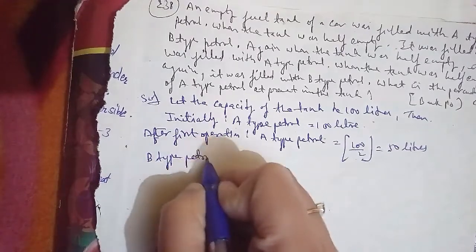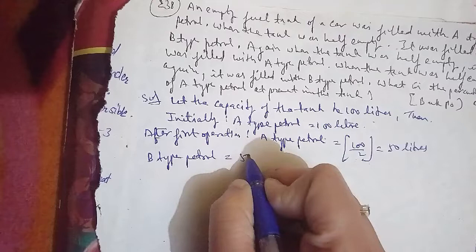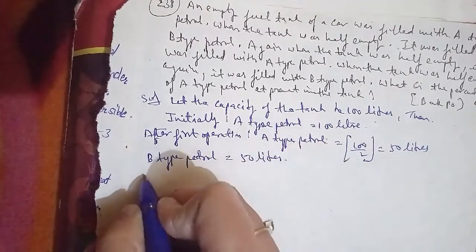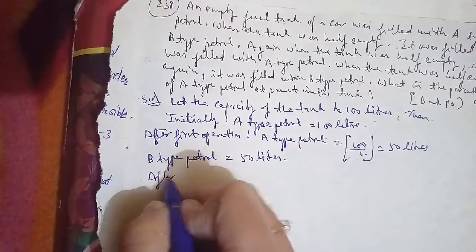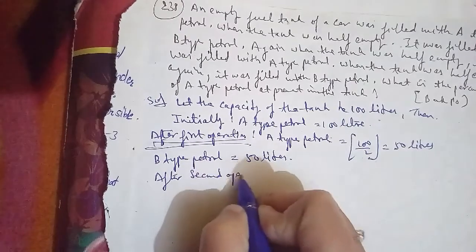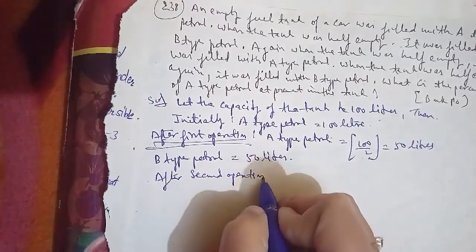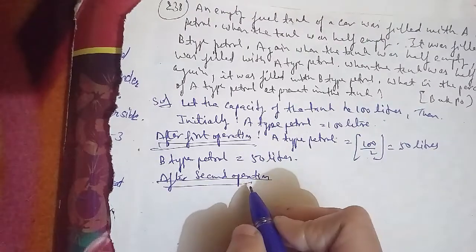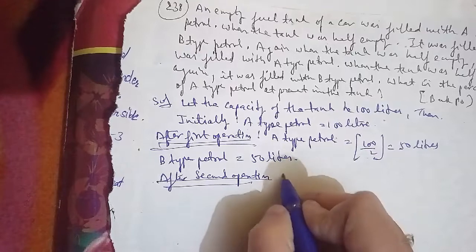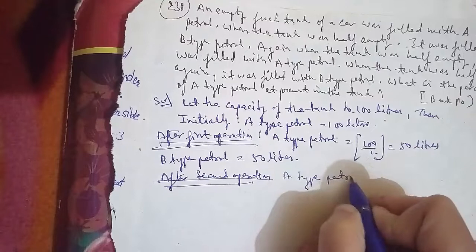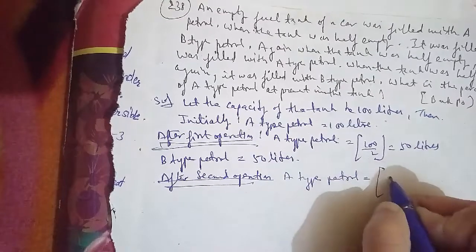Now after third operation, A-type petrol equals 75 upon 2, equals 37.5 liters.